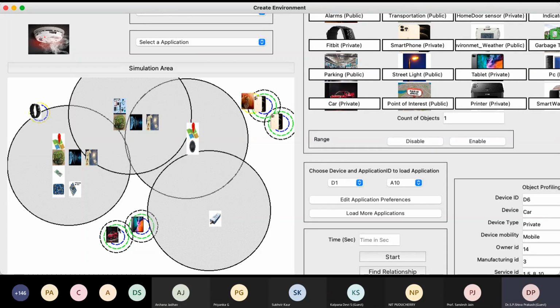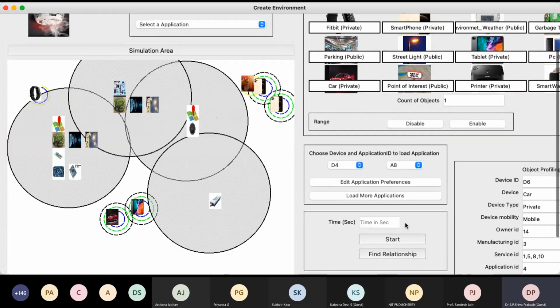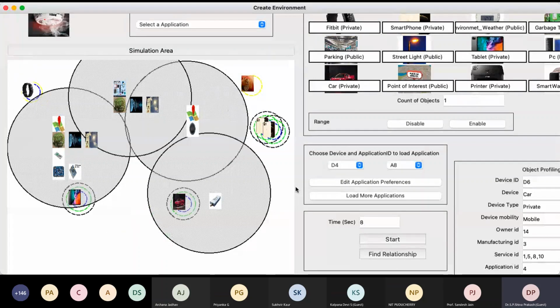You can choose device 4 and add it to A8. So you can add more devices into this, and anyone who wants to work on these things has the flexibility to add them. So let's try to simulate this.